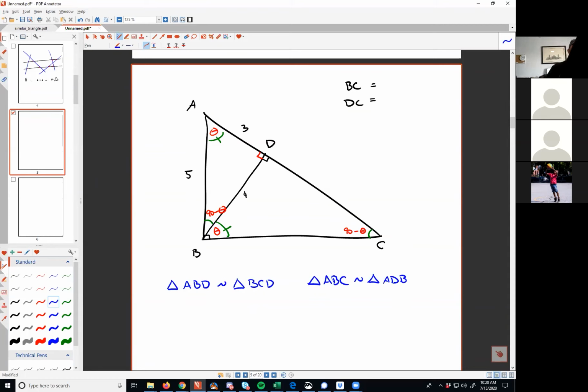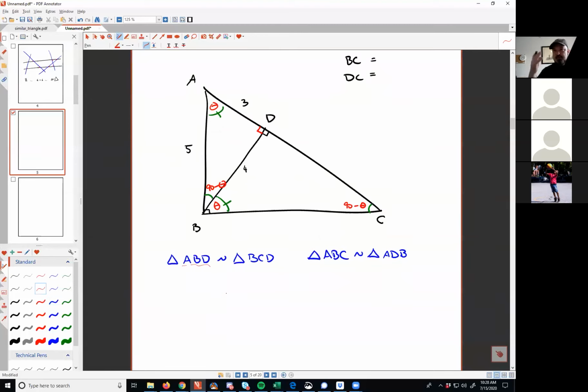And of course, I just wrote these in a different way with the vertices in a different order. Every now and then, if I notice that there are three similar triangles in a diagram, and I've written them differently in one place and another, I might go back and rewrite them all in the same vertex order.